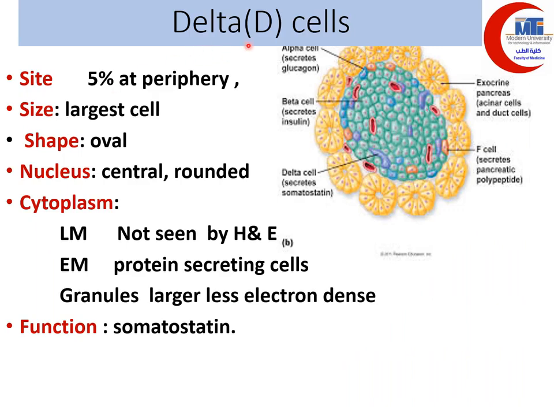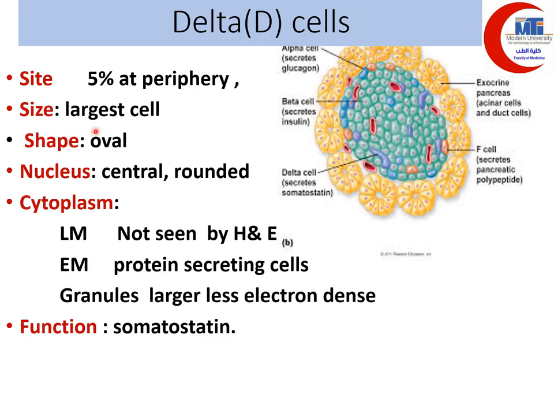Delta cells or D cells. These cells are the third type of cells in islets of Langerhans. These cells are 5% and they are located at the periphery of islets of Langerhans like alpha cells.